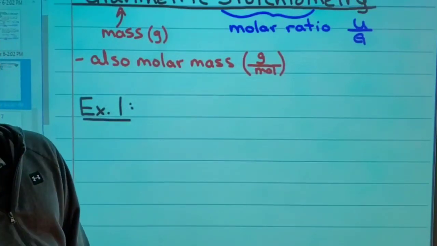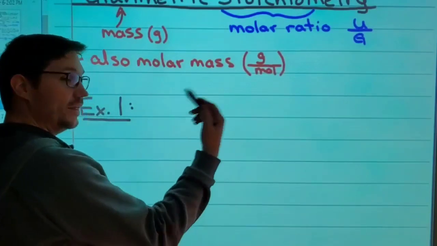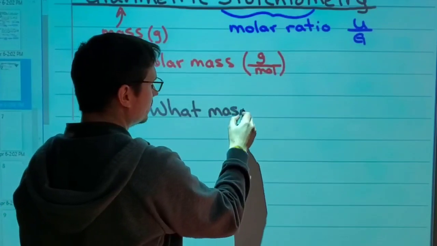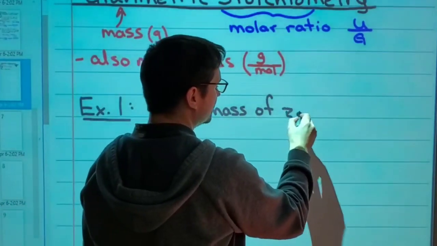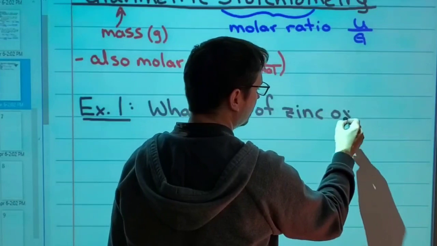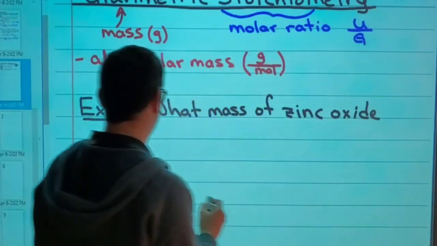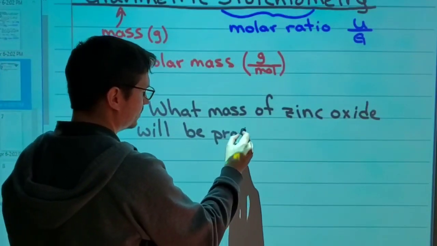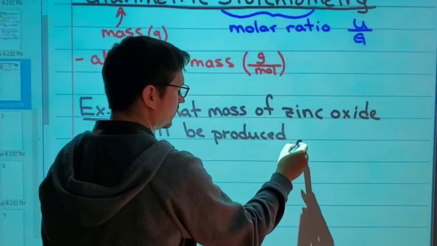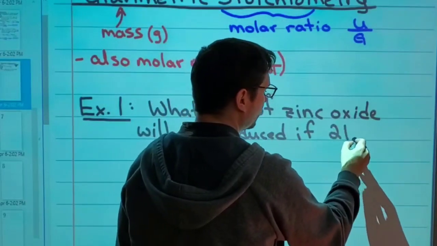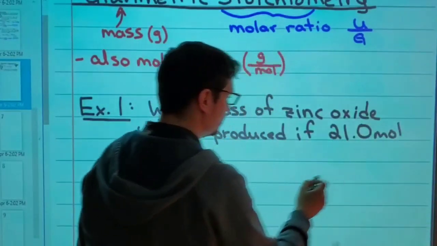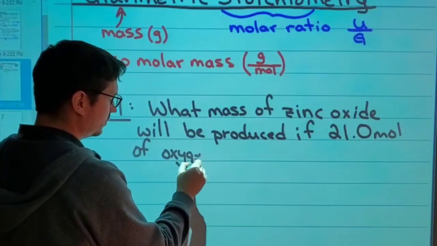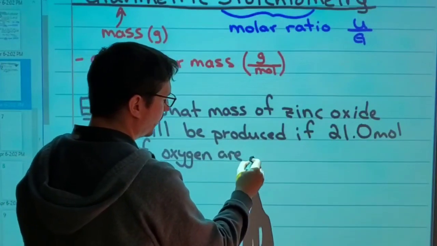So example number 1. In the following reaction, what mass of zinc oxide will be produced if 21.0 moles of oxygen are reacted?